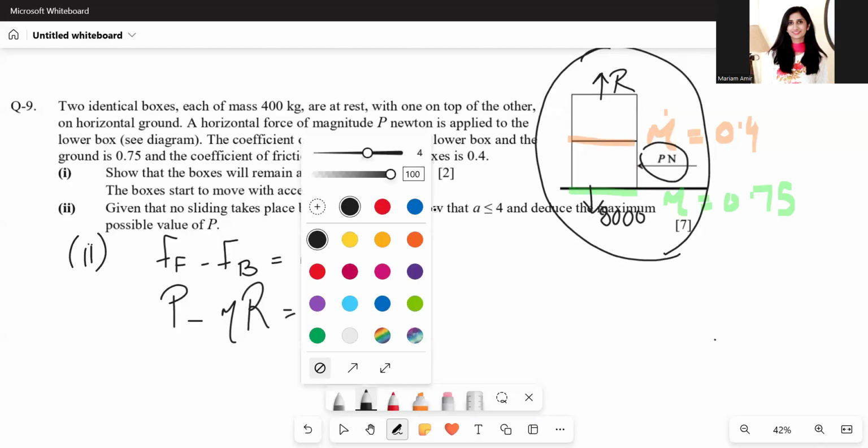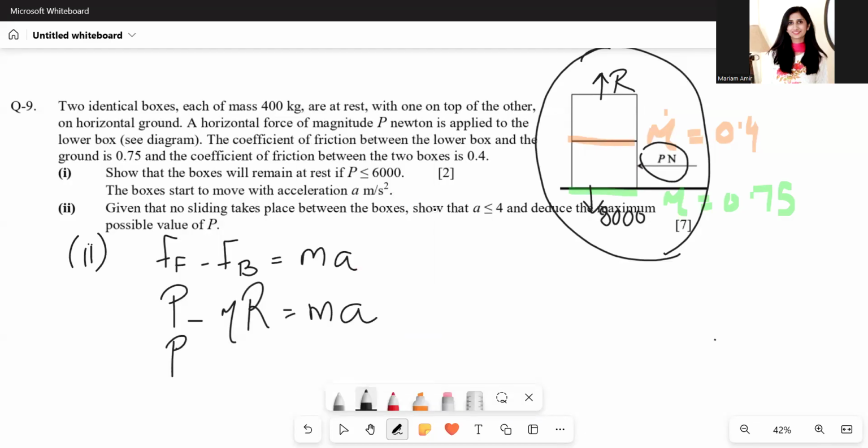Now let's substitute the values. P, we don't know what that is, minus mu on the entire system, 0.75, R of the entire system was the same, 8,000, is equal to mass, 800, and acceleration, which is what we have to show as well.